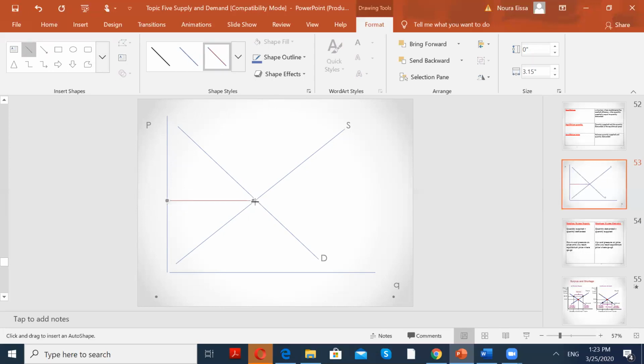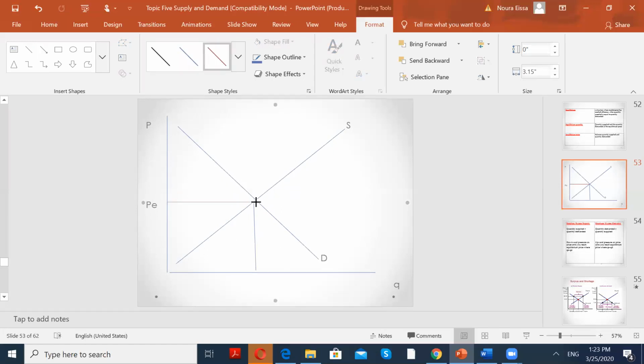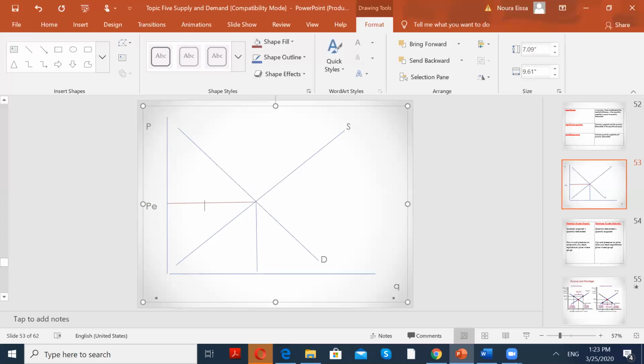Okay, let's label them. This is PE, equilibrium price, and this is E right here.